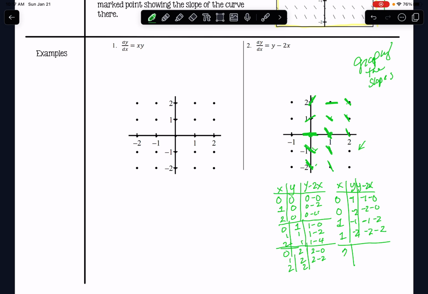X is 2, and we have negative 1, negative 2. So that would be negative 1 minus 2 times 2. So negative 1 minus 4, so you get negative 5. And then this one would be negative 2 minus 4 again, so that'd be negative 6.